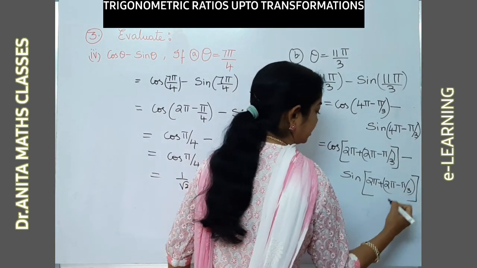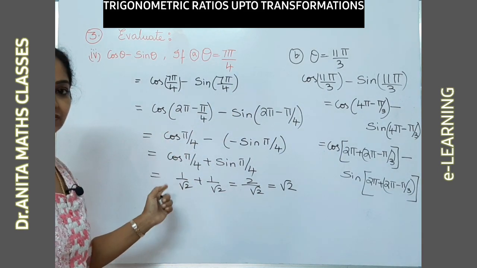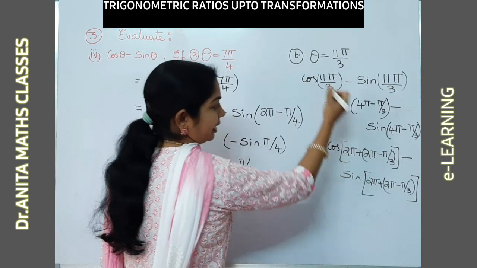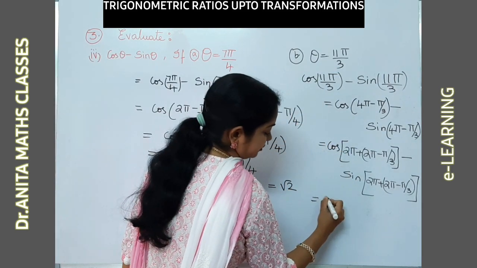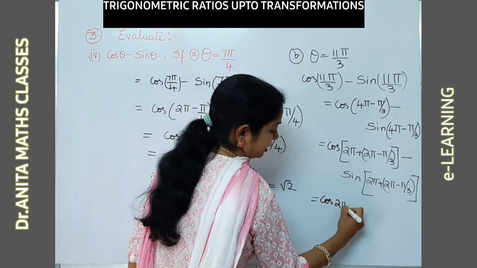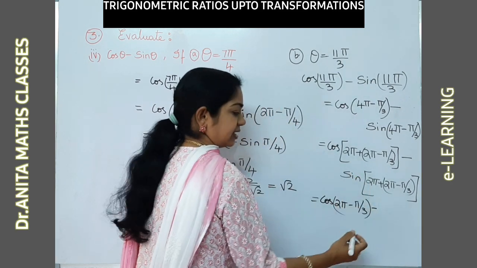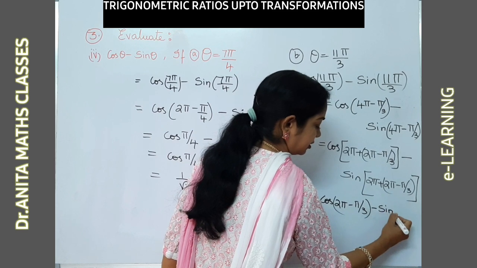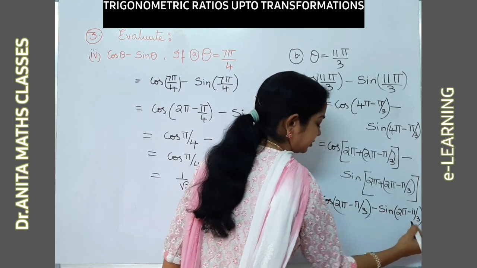Yes, here. So cos of 2 pi plus. So that comes to, see here 2 pi means 1 revolution plus, so cos is positive only here, 2 pi minus pi by 3, this one minus, even sine function is positive, so sine of 2 pi minus pi by 3, right.